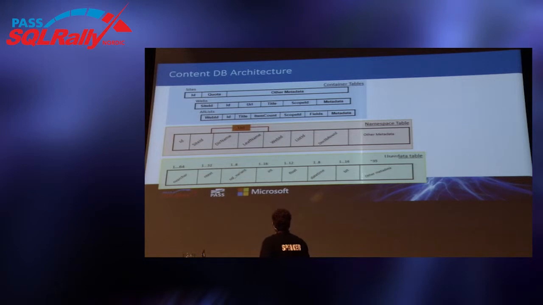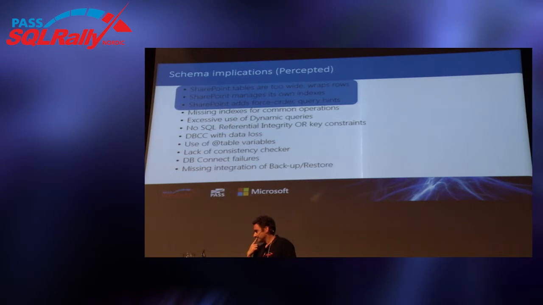And for every list, there is a user data table where data is saved in such a way that they can accommodate a lot of columns. They're using sparse columns, so they can have up to 30,000 columns in one table, and it makes it quite messy.